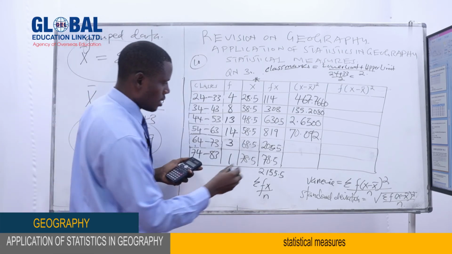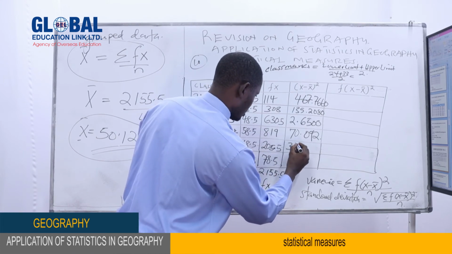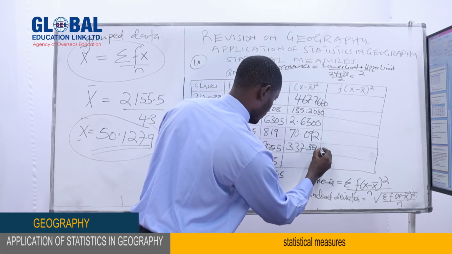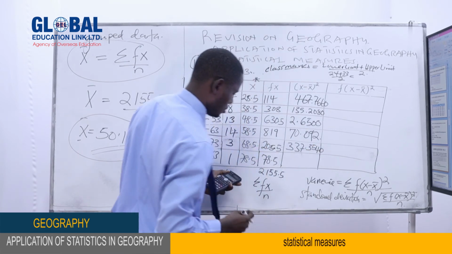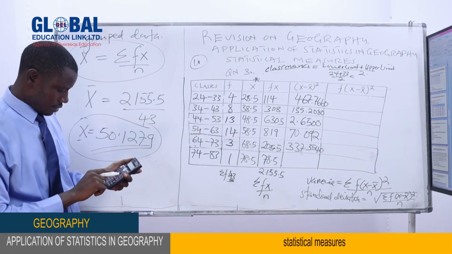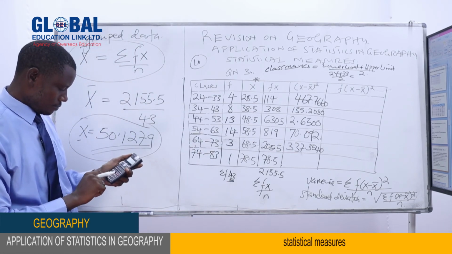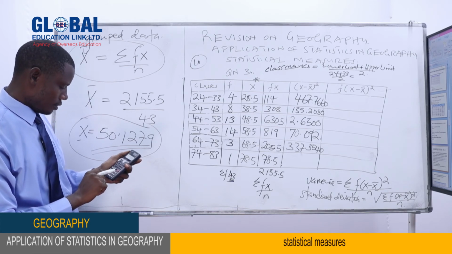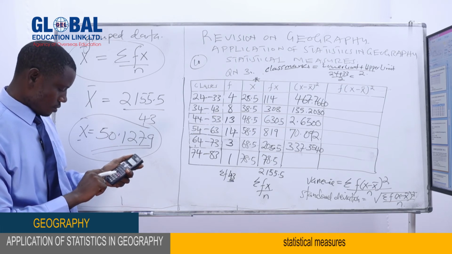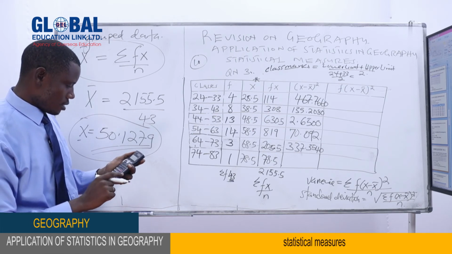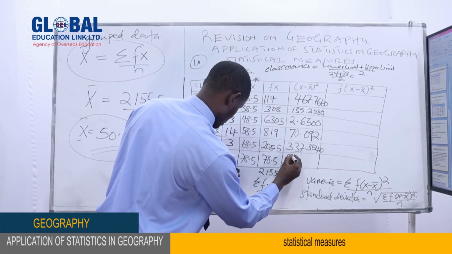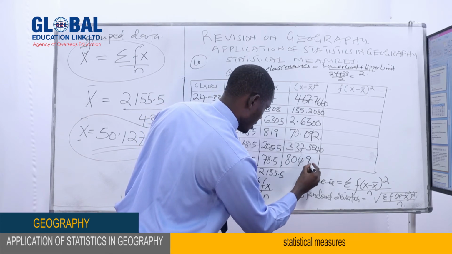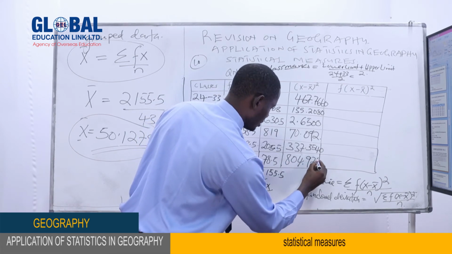Then we get 307.3540. And then for the last one, we take the bracket, that is 78.5 minus the mean, that is 50.1279 bracket square. Then we come up with 804.9760.